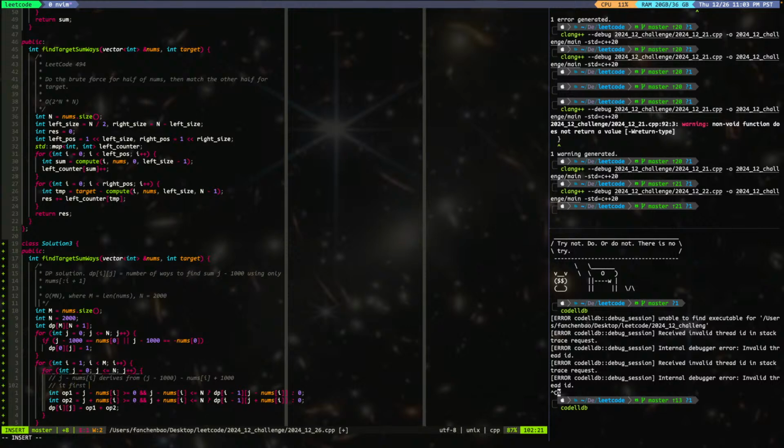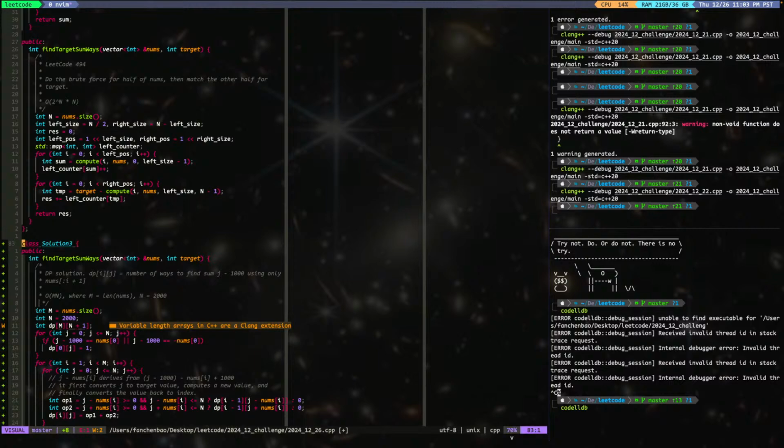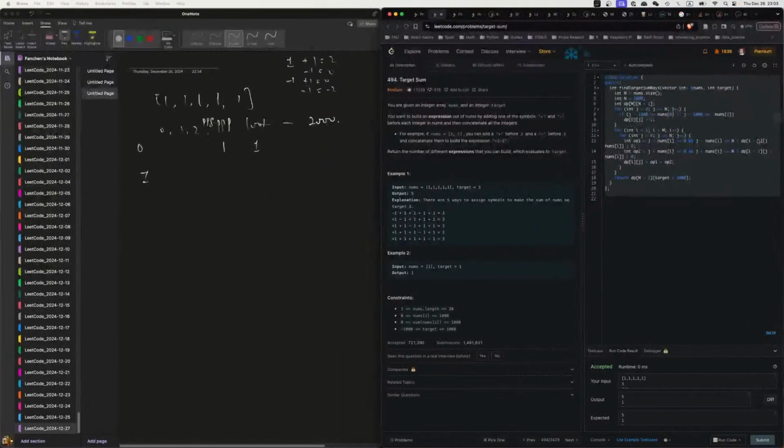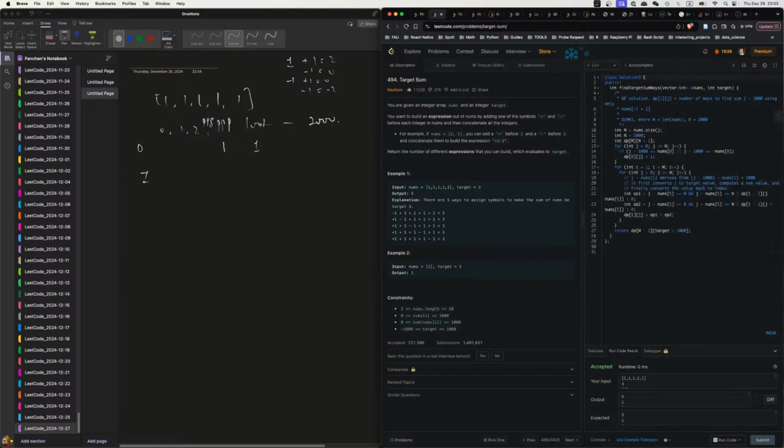It first converts j to the target value, computes a new value, and finally converts the value back to index. Or run it one more time. Looks solid.